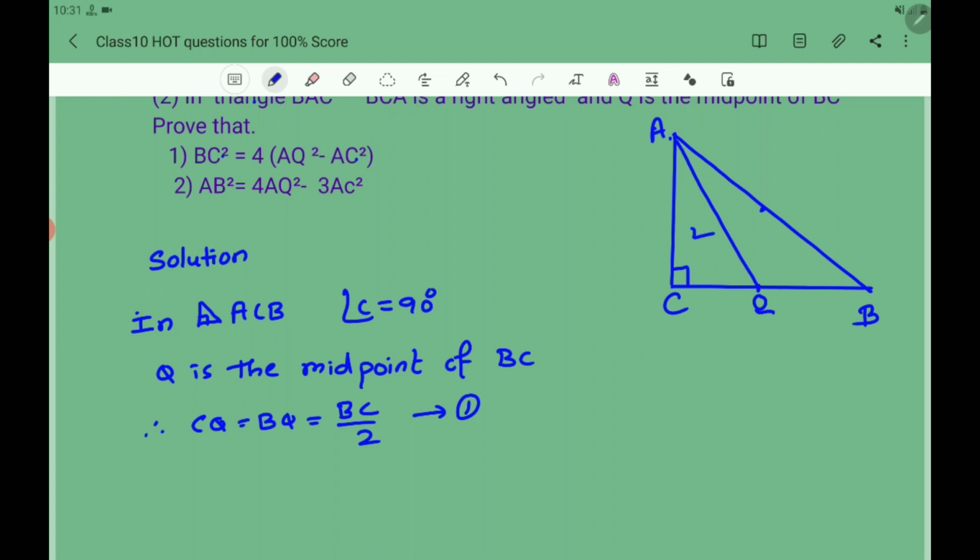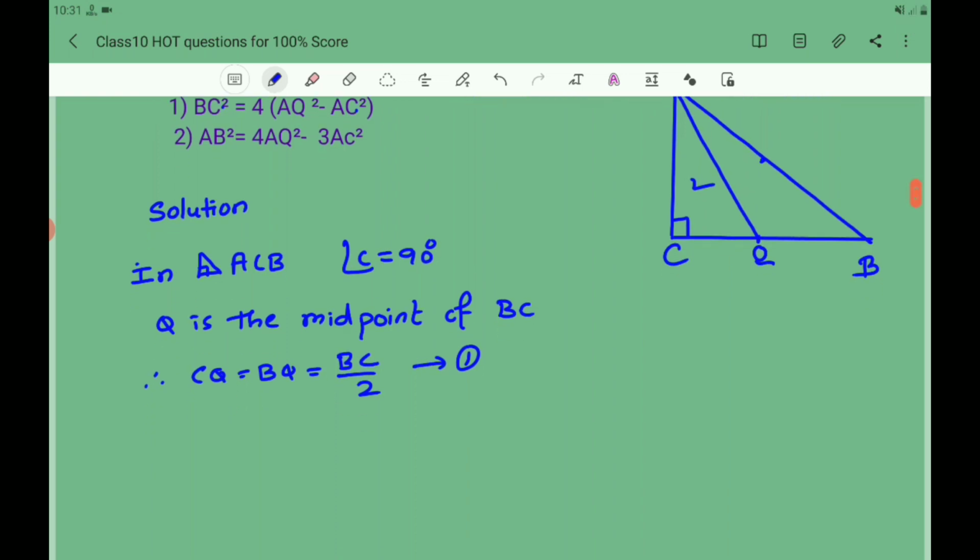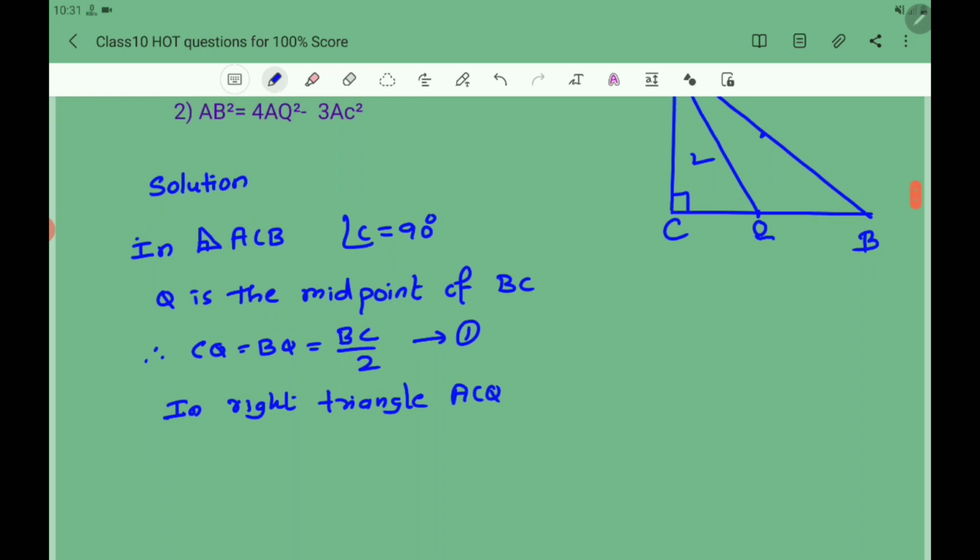Now you take the triangle ACQ and apply the Pythagoras theorem. In the right angle triangle ACQ, here C is the right angle.